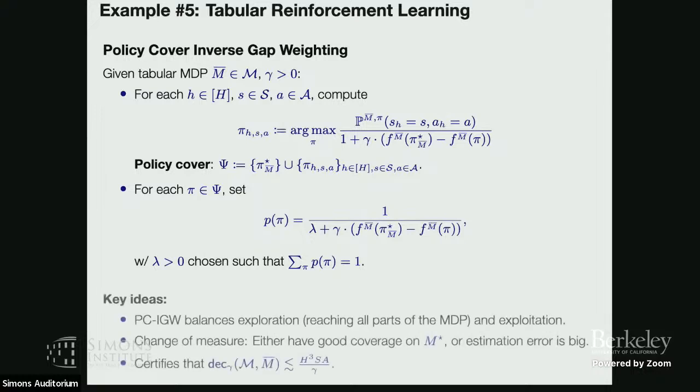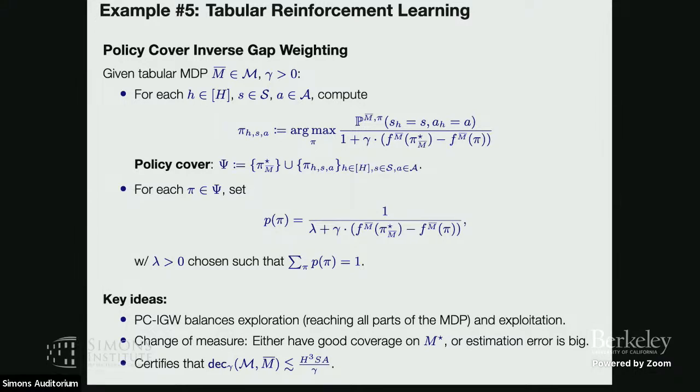So the key ideas here are, this is balancing exploration, or covering the MDP, by considering this hitting probability in the numerator, but it's also making sure we're not visiting states that have very bad reward, which is not good for regret.